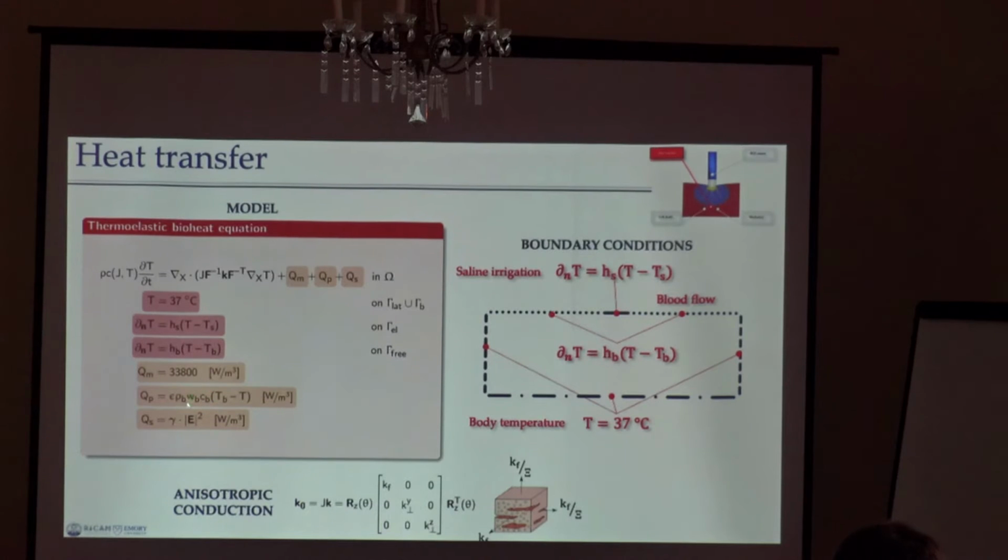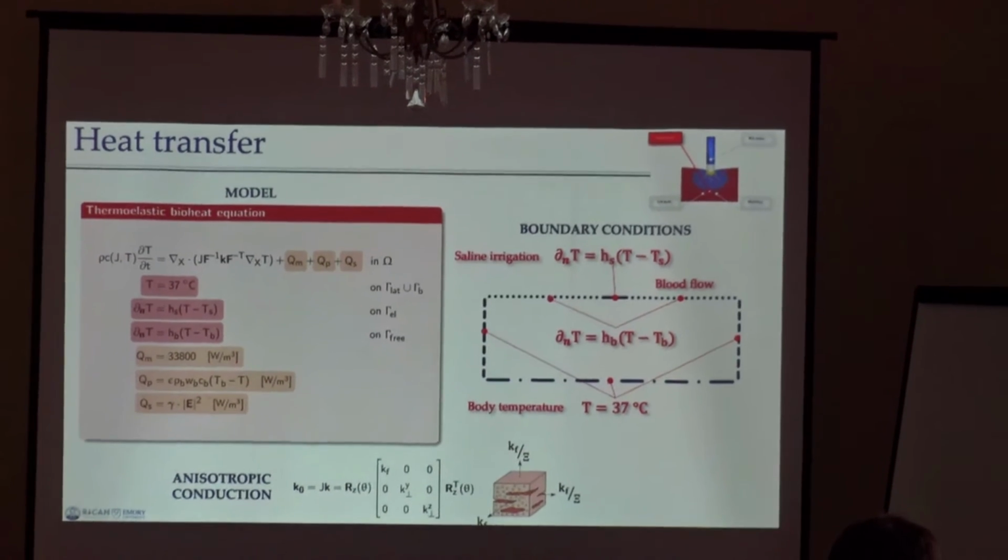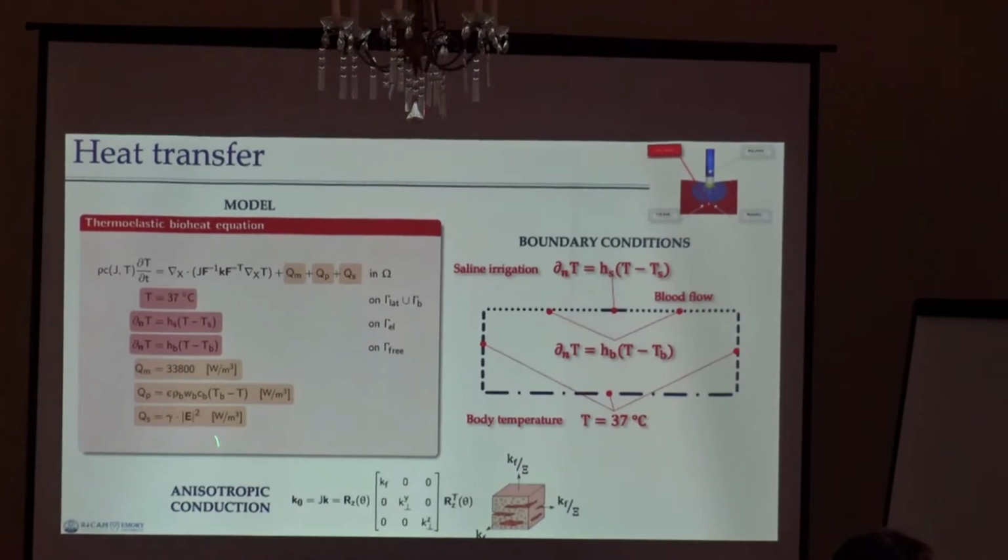It is tuned by WB, this is the proportional coefficient. And finally, QS is due to the electromagnetic source. So this is a Joule heating effect, so proportional to the square of the electric field, which is generated by the radiofrequency source and is solved in the previous setup, in the previous Maxwell equation.